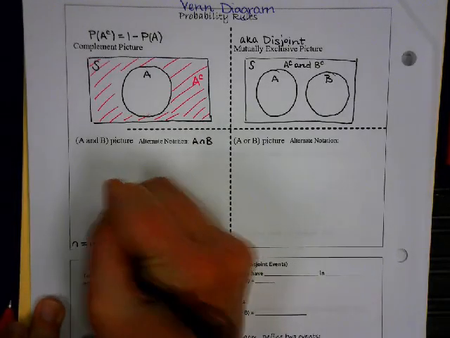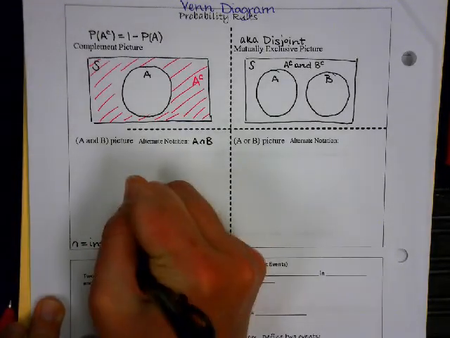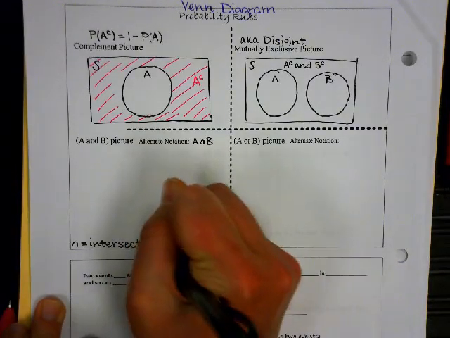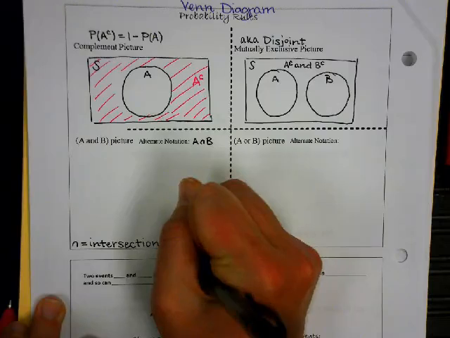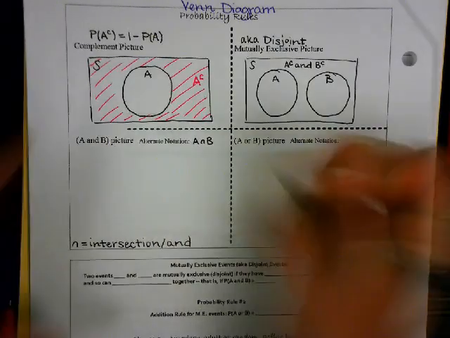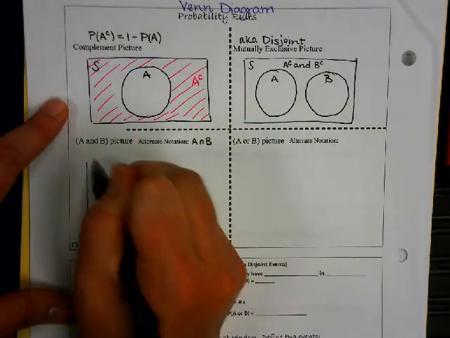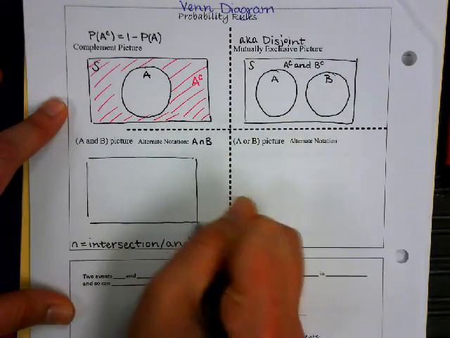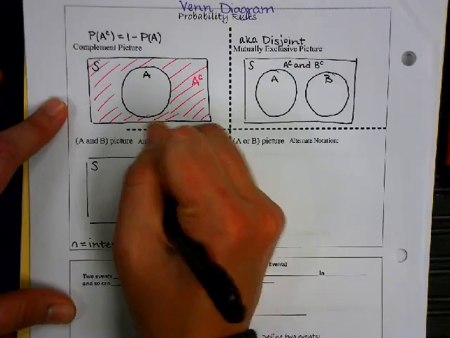So a lot of times, and this is going to look the most like a Venn diagram. Venn diagrams, you have one circle and another circle, and you have the overlap in the middle, or the intersection.